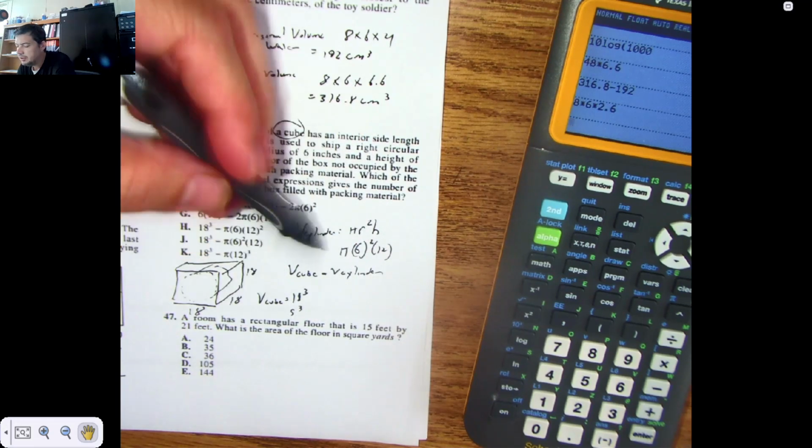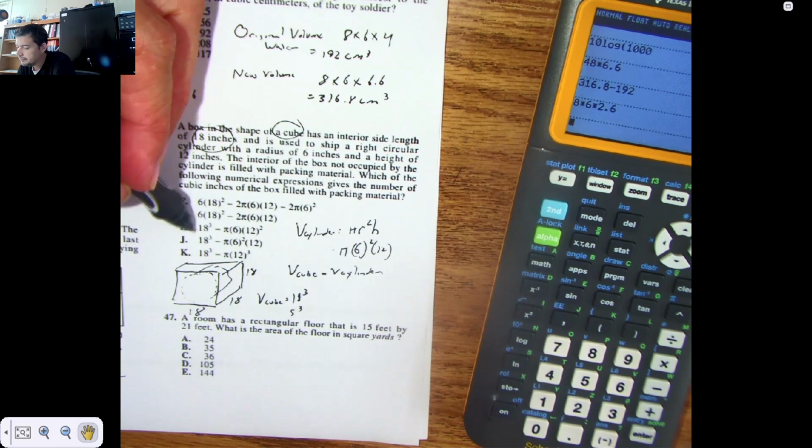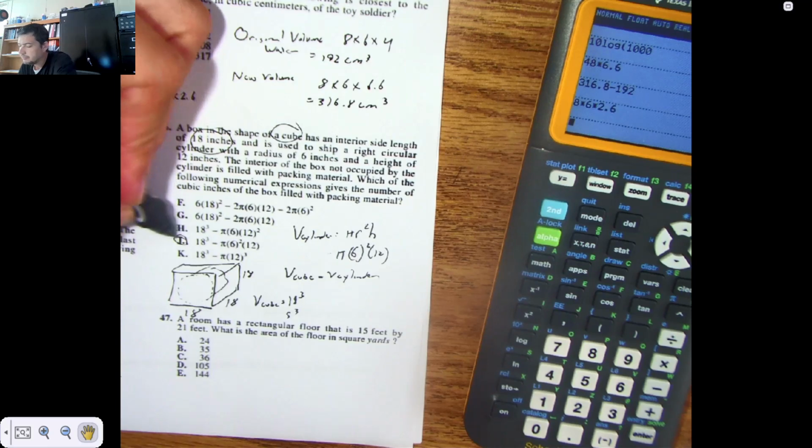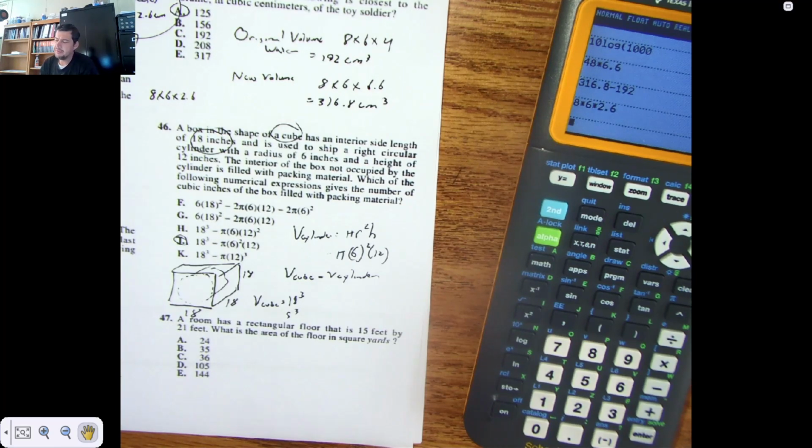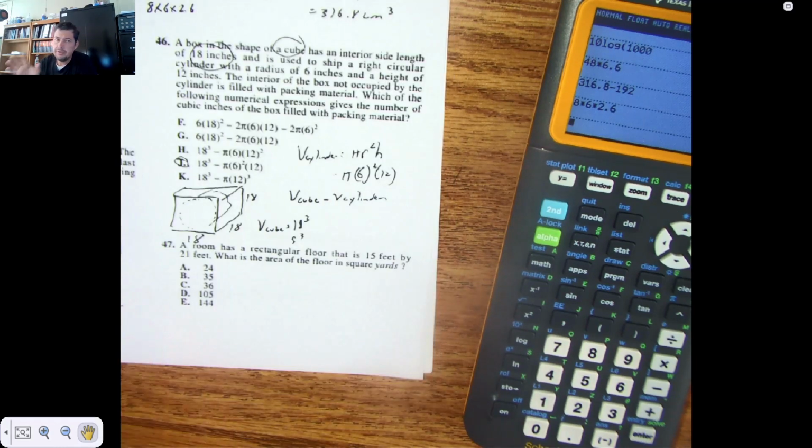So it's going to be 18 cubed minus that guy. And this was really not much more difficult than just knowing formulas. That's really all it was. I mean, had you known those 2 formulas for a box and a cylinder, you would have probably figured out the answer. Memorization, kids.